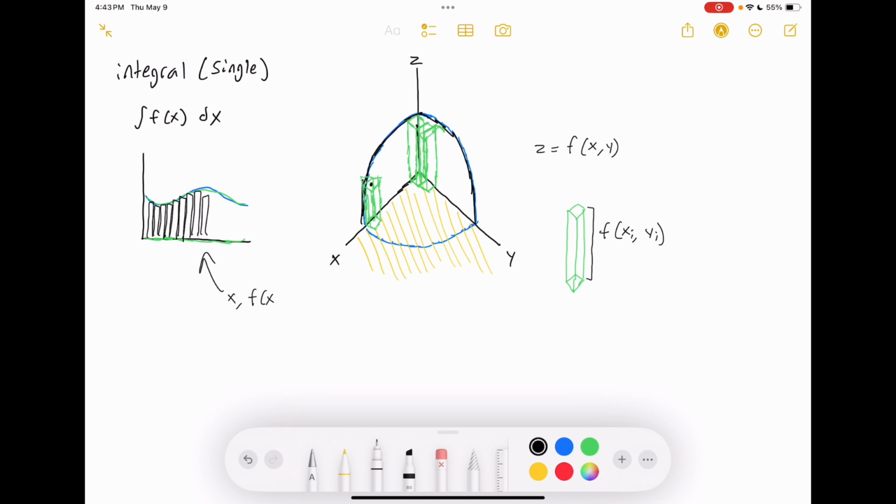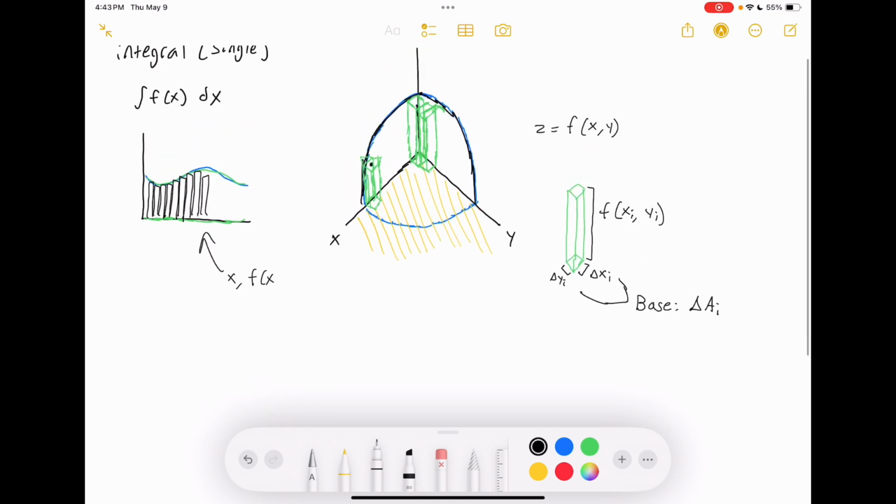And then the width here is going to be our delta xi. And this length, I guess, is going to be delta yi. And if you take this, you can combine them to make the base by multiplying them. We're just going to call that delta ai.